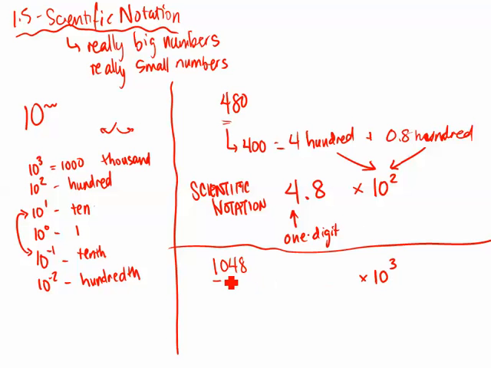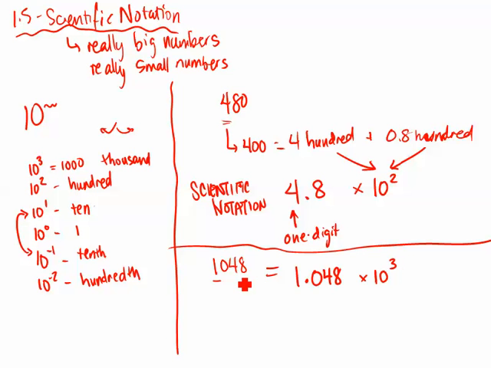And now we have to look at the rest of the numbers, and all we simply need to do is move the decimal place 3 times over because it's 1,000, to make this now one whole number, and the rest of the numbers just fall into place. So 1,048 is the same thing as 1.048 times 10 to the third power. If you're not sure about that, you can just type in your calculator 1.048 times 10 exponent 3, then you'll get 1,048.